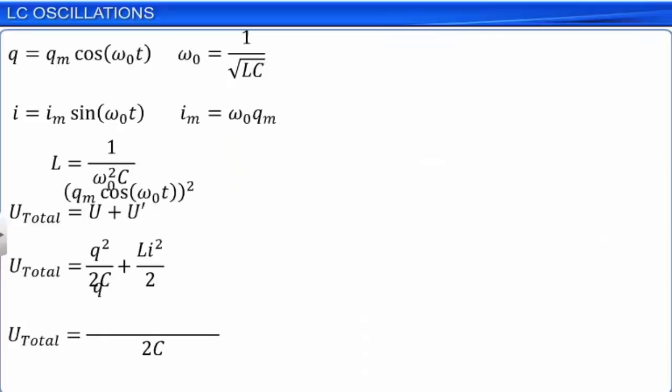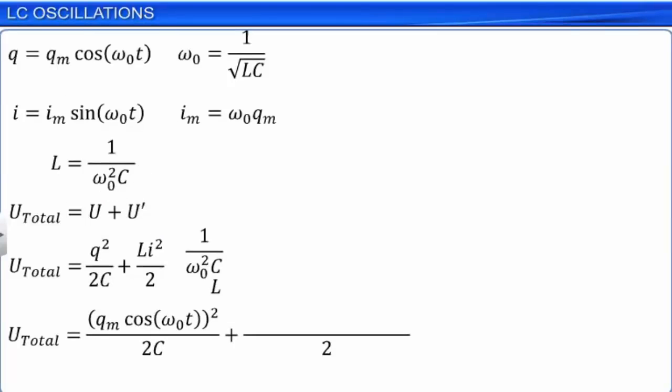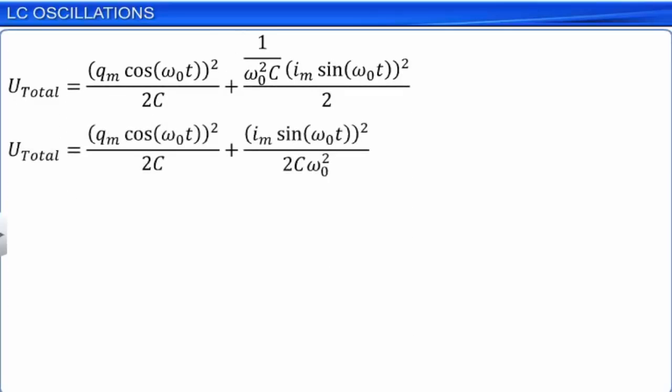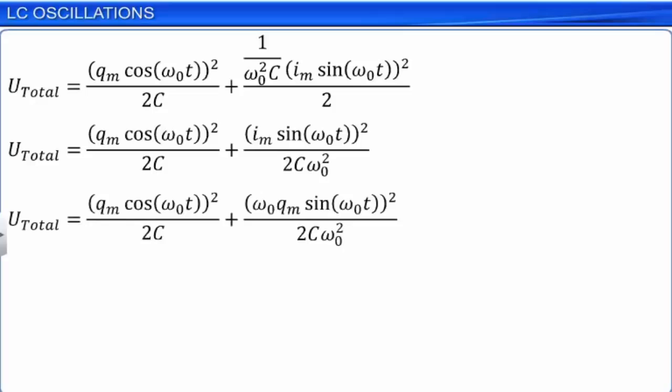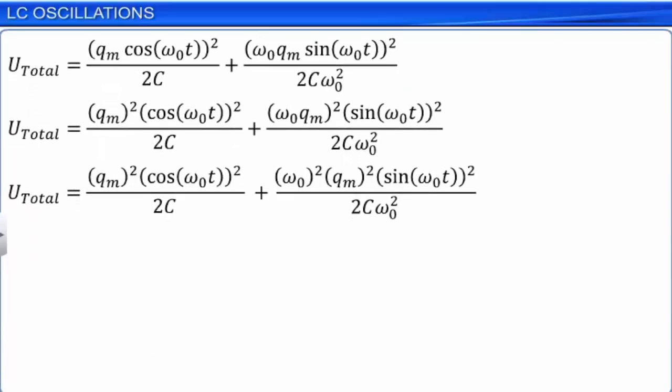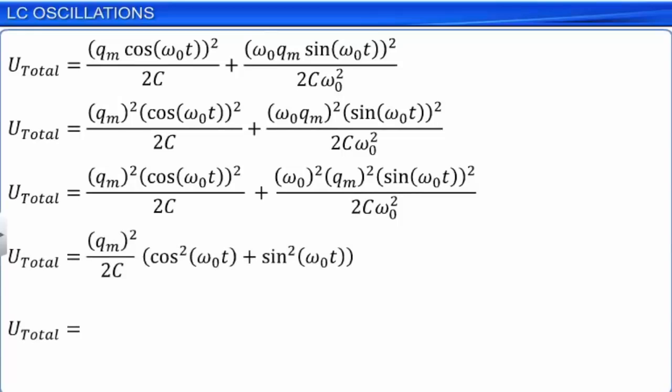Substituting the values of I and Q in this expression and simplifying, we get U total is equal to Qm²/2C. This expression of total energy is equal to the energy stored in the capacitor when it is fully charged, which was the initial stage. Thus, the total energy in an LC circuit is always a constant.